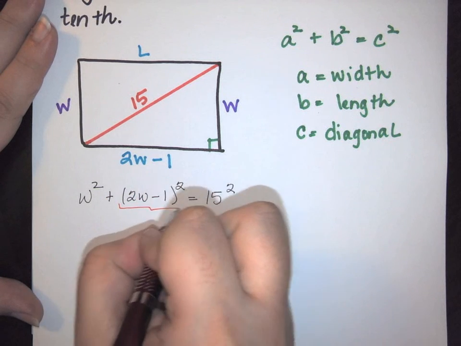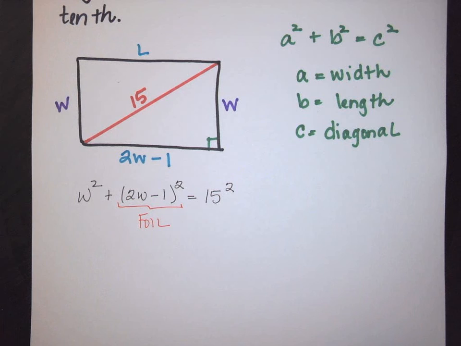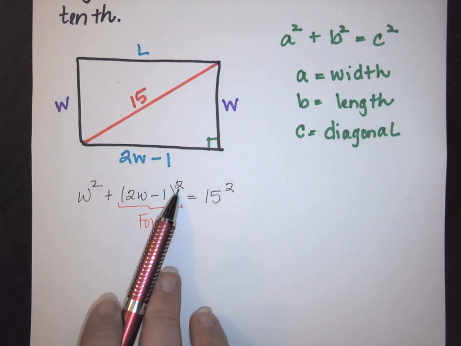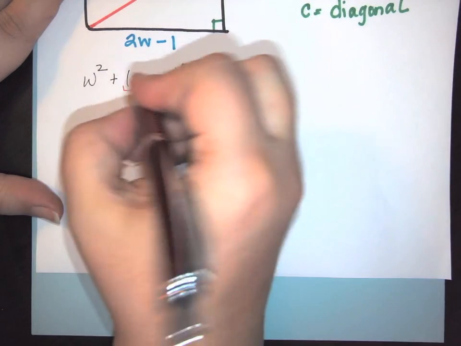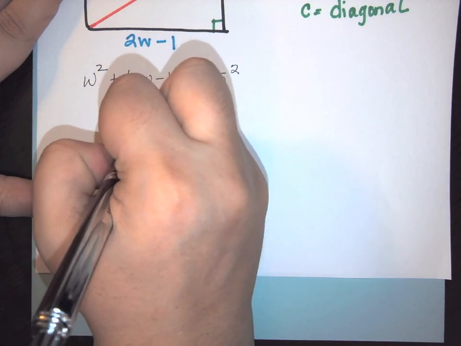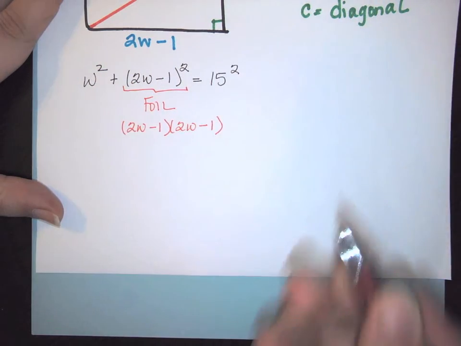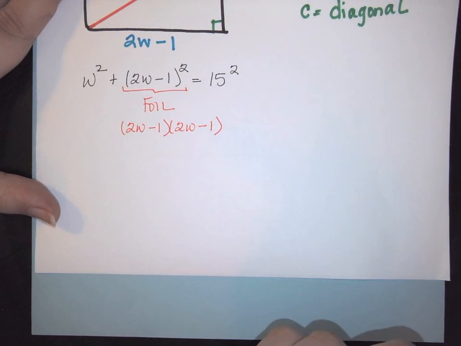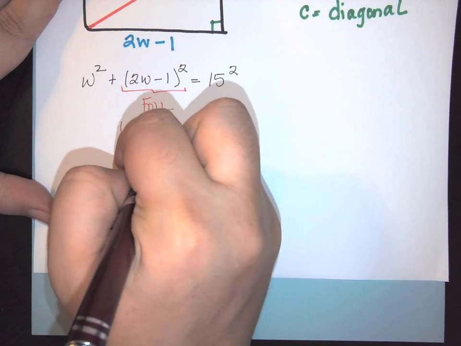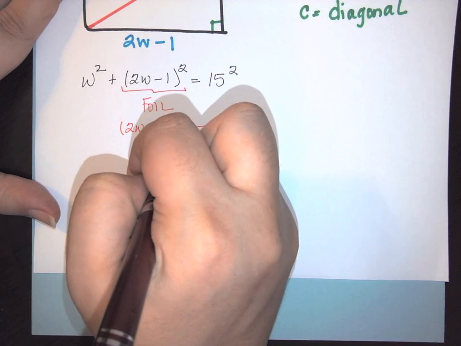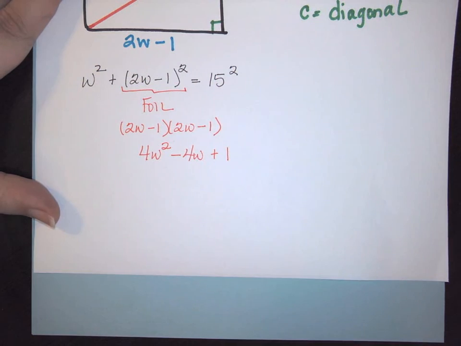In this middle part right here, we have to FOIL. And the reason for that is because this 2 tells us that we have 2 of these binomials here. So this says we actually have 2w minus 1 times 2w minus 1. So when we FOIL, remember first, outer, inner, last, we are going to end up with 4w squared minus 4w plus 1.